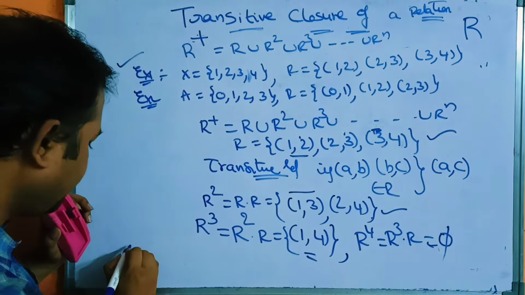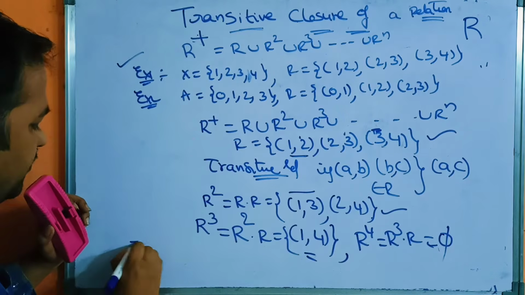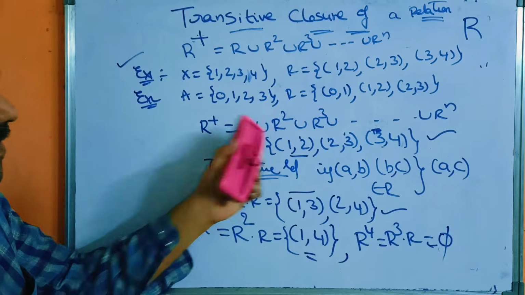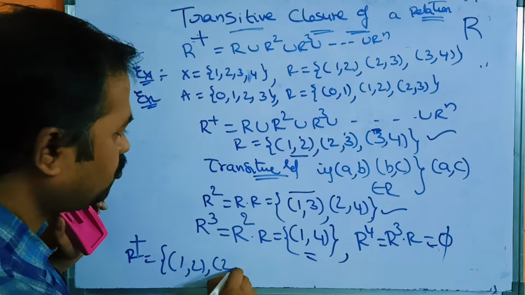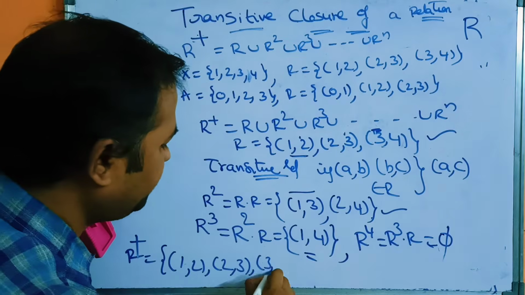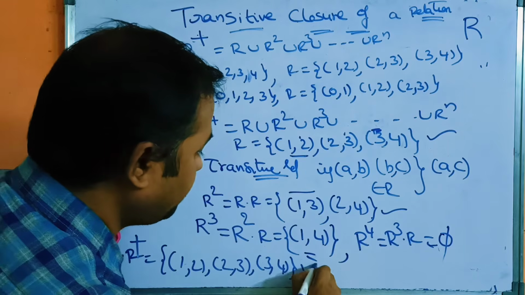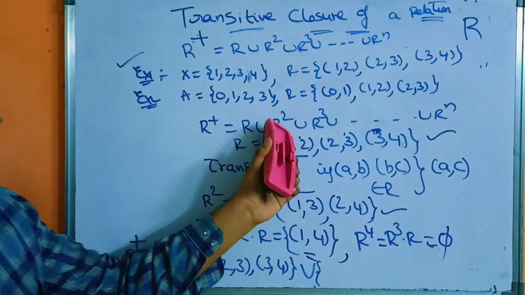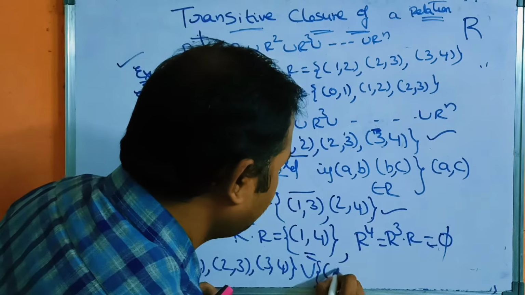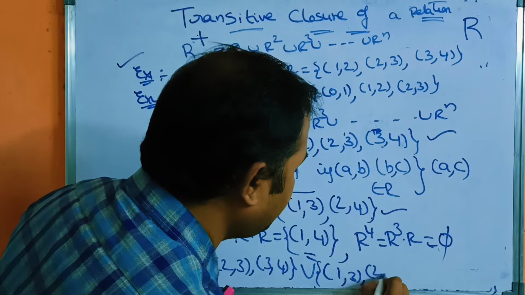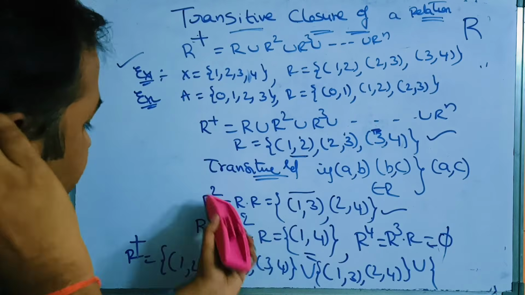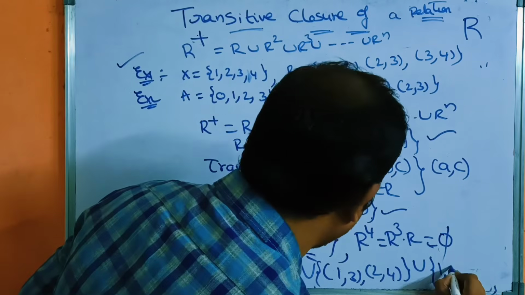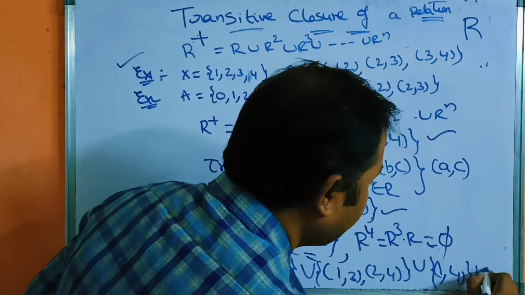Now, what is the formula for R power plus? R union R square union R cube. What is R? (1,2), (2,3), (3,4), union. Next, what is R square? (1,3), (2,4), union. Next, R cube: (1,4), union phi.